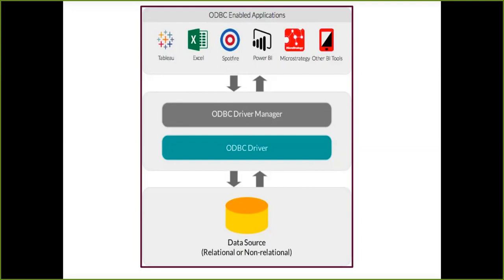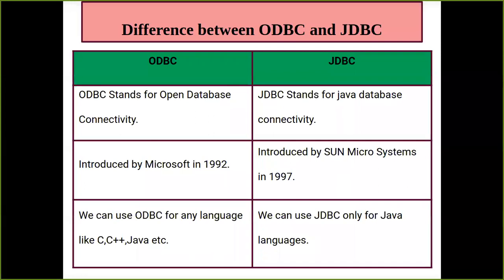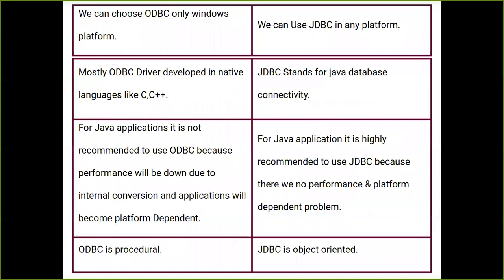Now, we studied the difference between ODBC and JDBC. The only reason for not going with ODBC over JDBC is performance and the platform dependency in ODBC for the Java application. That's why JDBC was in the market specifically for the Java application.